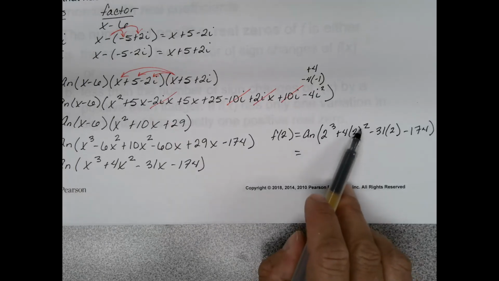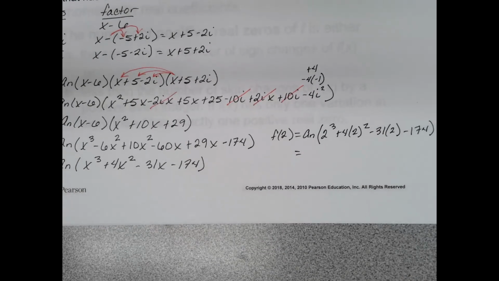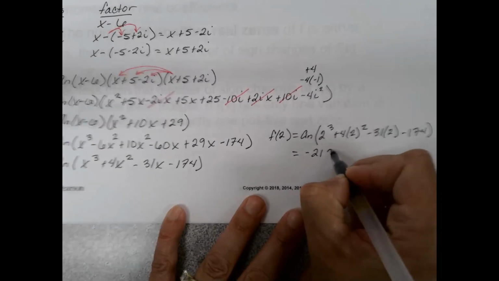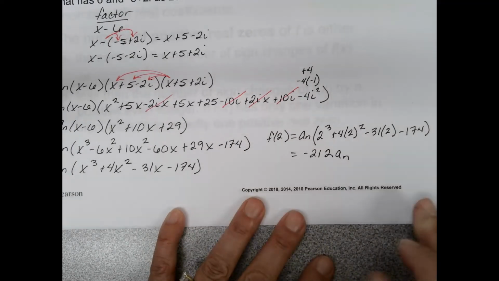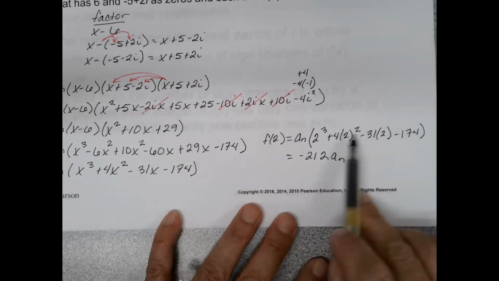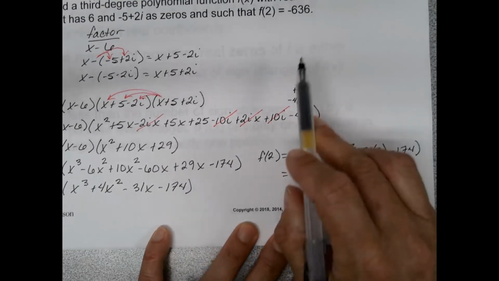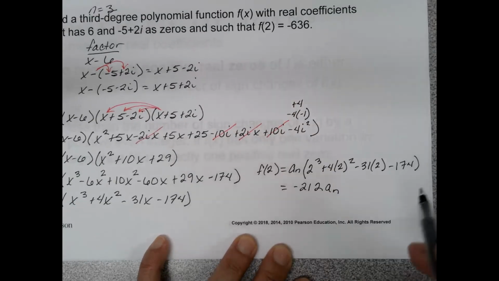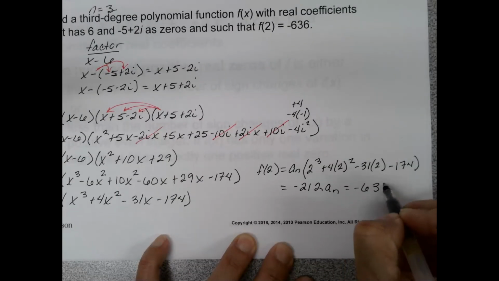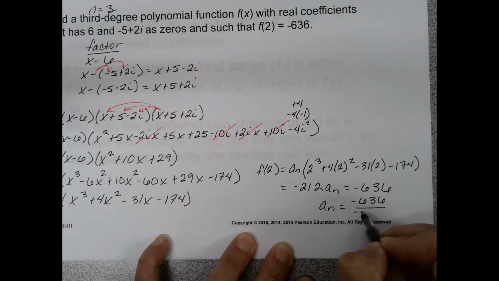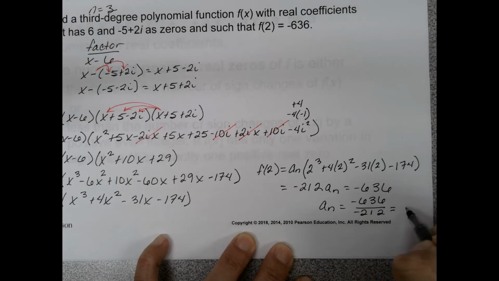And then 2 squared is 4 times 4, so plus 16, minus 62, minus 174. I get negative 212, multiplied by a sub n. I know that the output needs to be negative 636. So that a sub n is negative 636 divided by negative 212, which is 3.